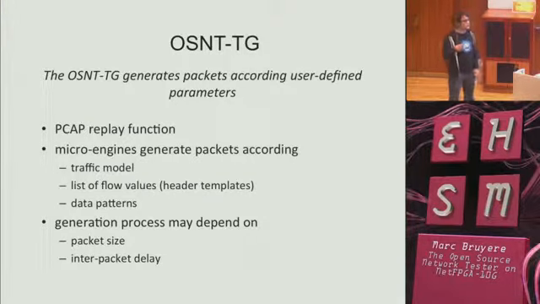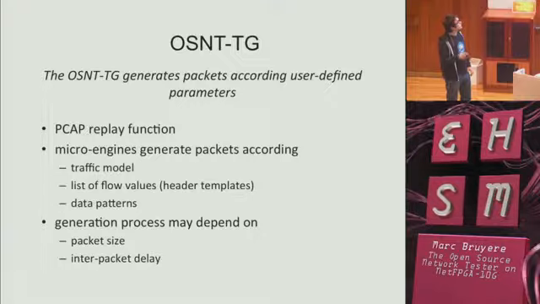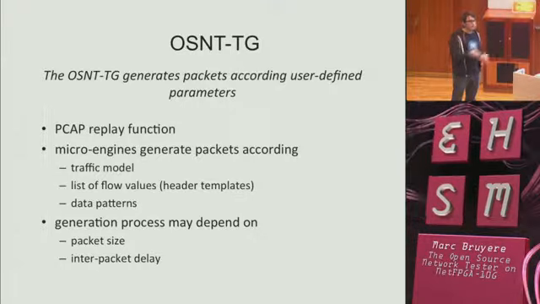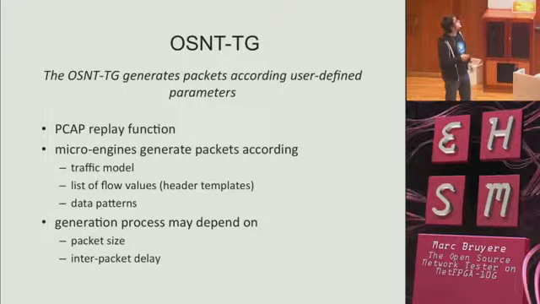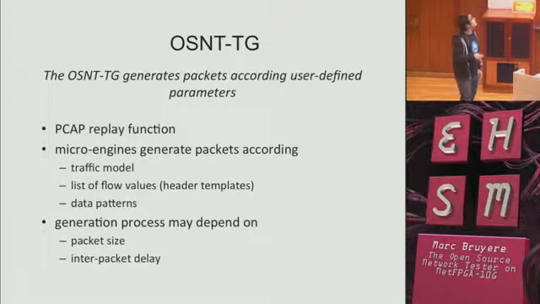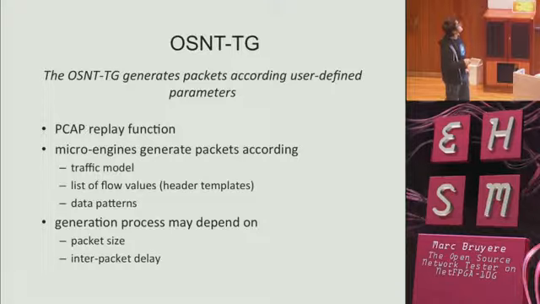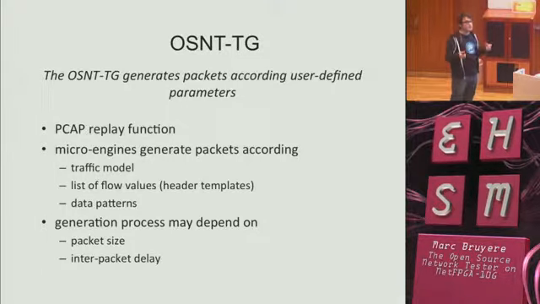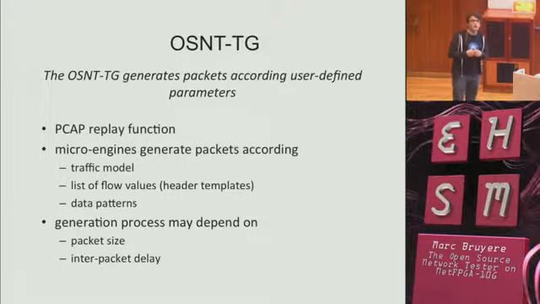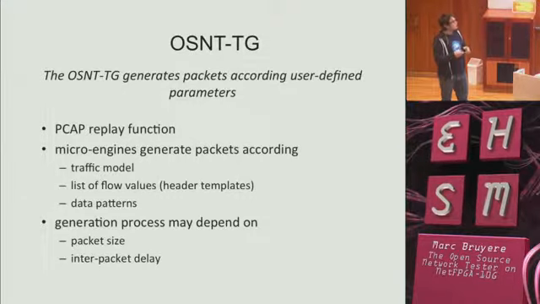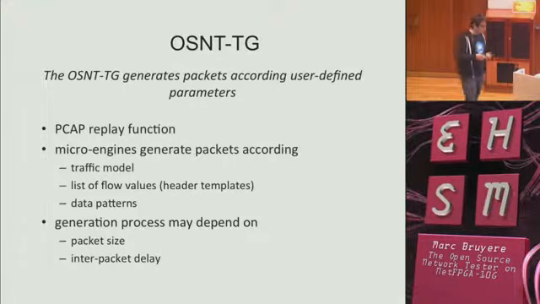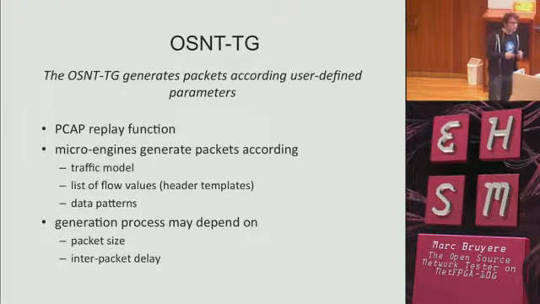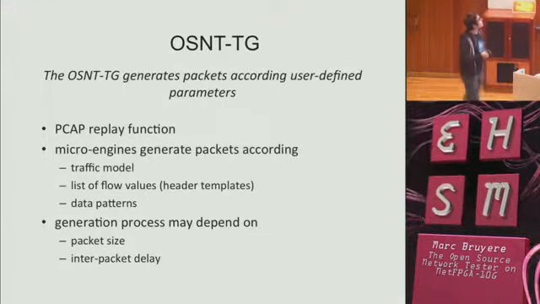And at the same time, in the code we implemented for the traffic generation part, we also try to get micro engines to be able to run traffic models, and different headers being implemented to be able to generate the traffic directly from the FPGA. The pcap replay was the easiest way, we thought at the beginning. Obviously, we had some problems implementing it, but now it's running.